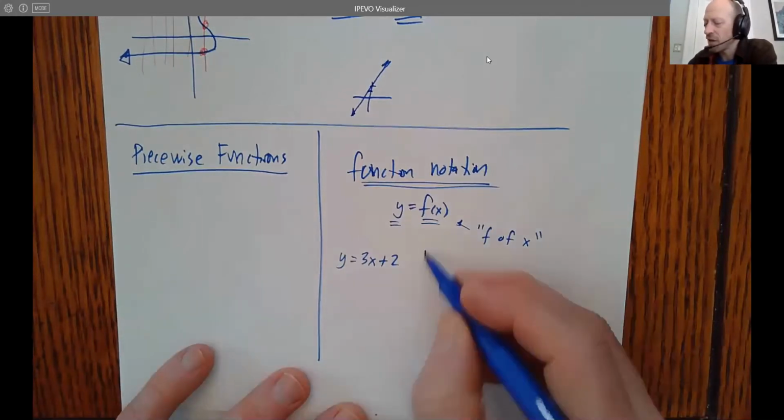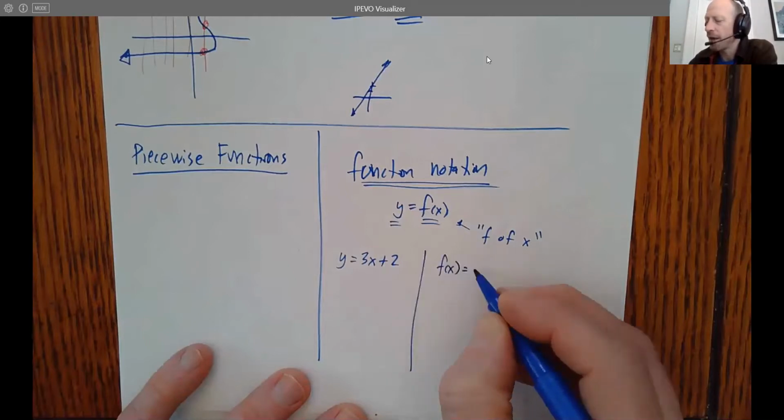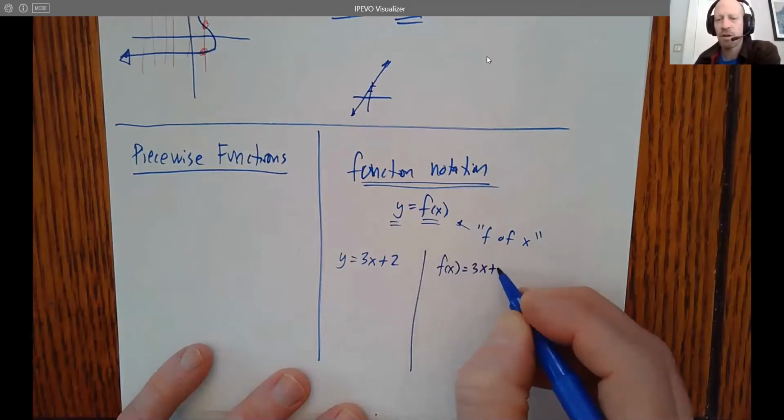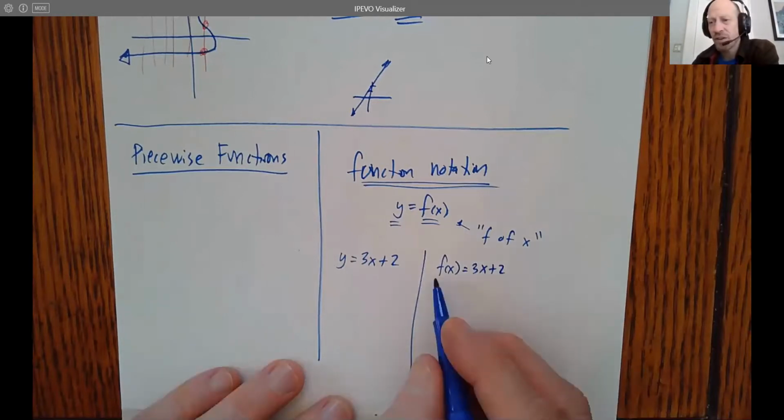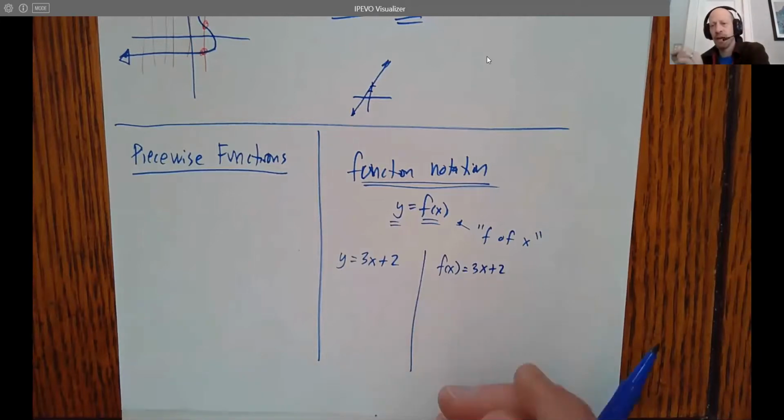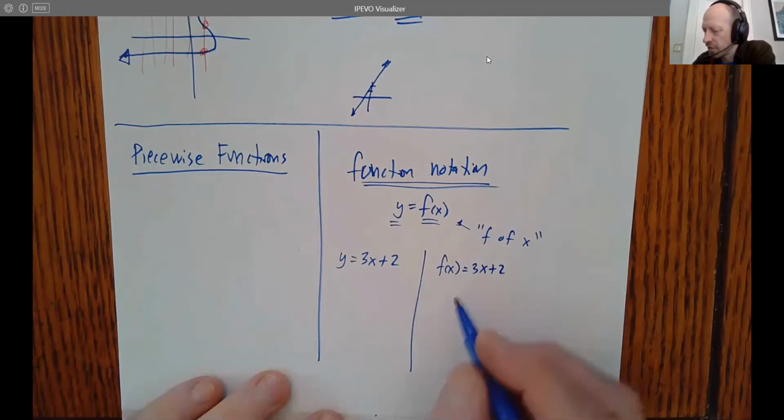What we are going to do instead is write that same relationship, but instead of y, I'm going to write it as f of x equals 3x plus 2. And the big advantage here is that this notation makes it easier for me to connect the x's and y's together. That's really what I want out of this function idea.